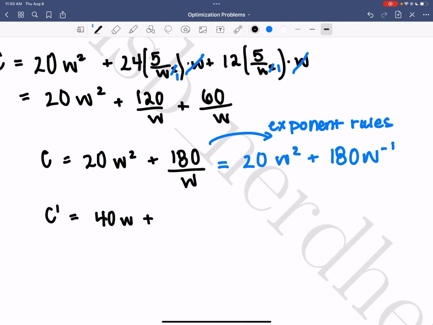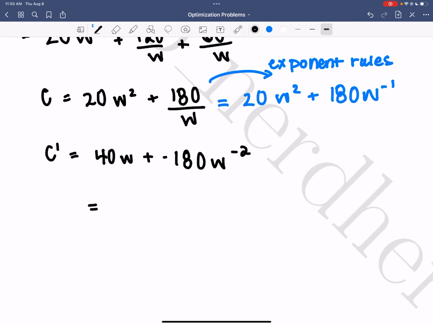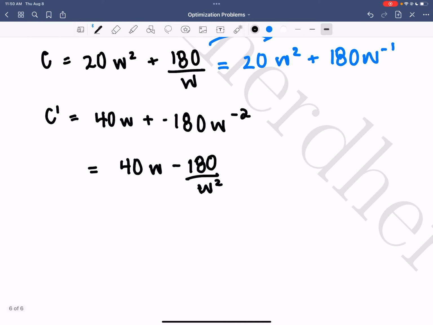And then we get plus negative 180W to the negative 2. I'm going to rewrite this as 40W minus 180 over W squared. And we're going to set it equal to 0.